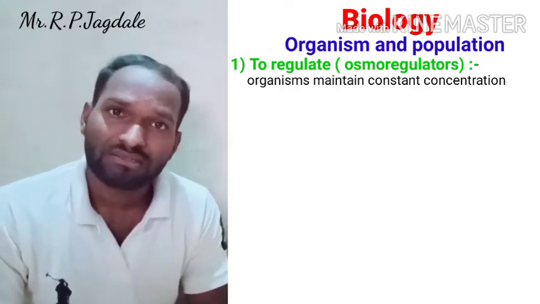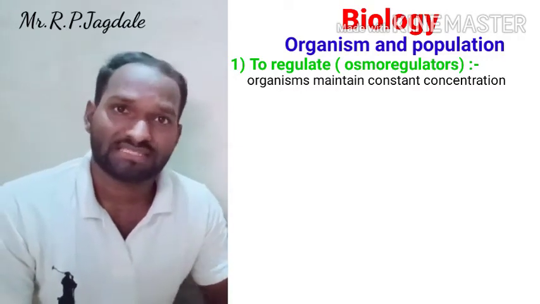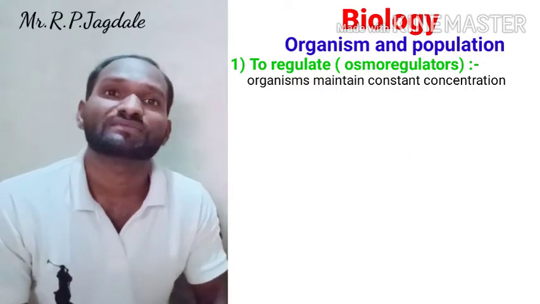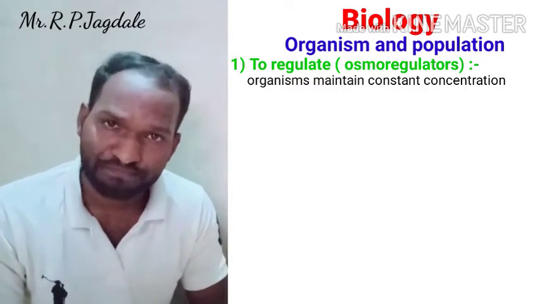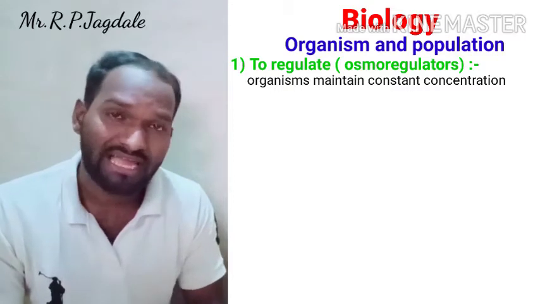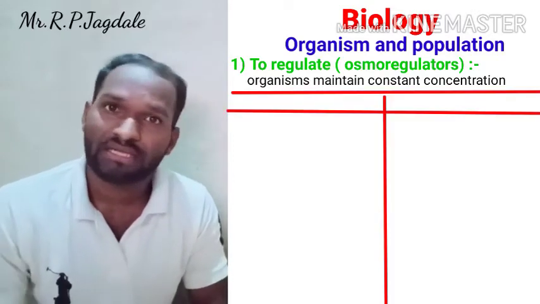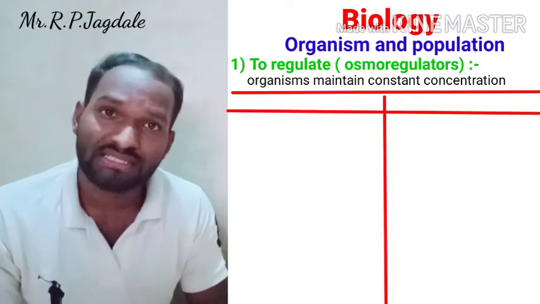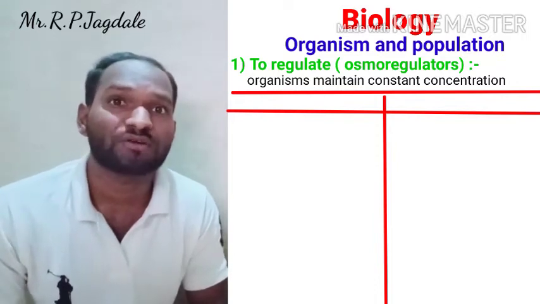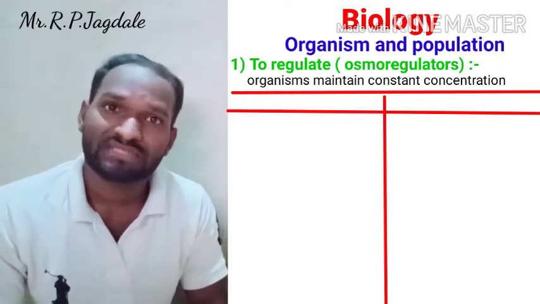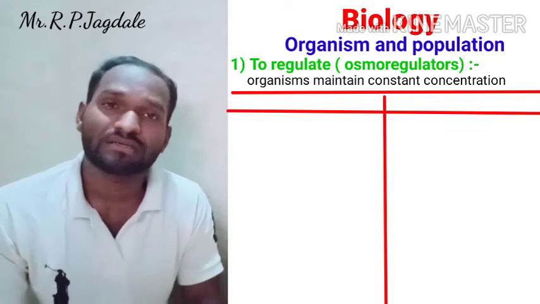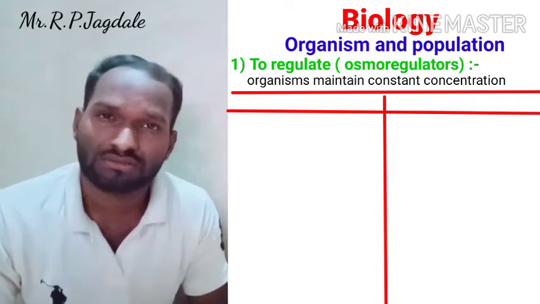To see that, we will take one case so you can understand it in a very easy manner. We will take aquatic fishes. Osmolarity is better understood in the case of a water medium, that is, the aquatic medium. So we will take the example of fishes.